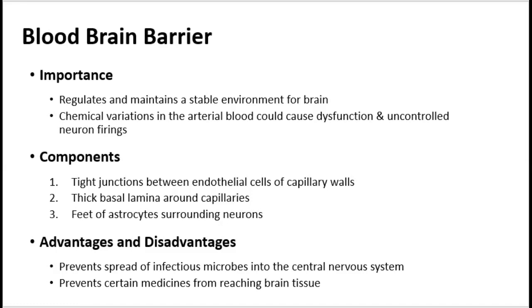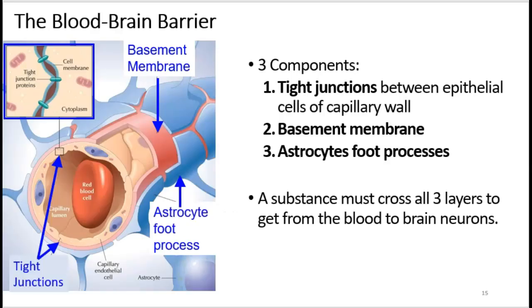So the advantages to this blood-brain barrier would be that it would prevent the spread of infectious microbes from getting into the nervous system. It would also prevent certain medicines, however, from reaching brain tissue. So that would be a disadvantage.